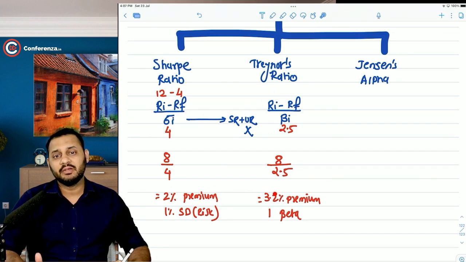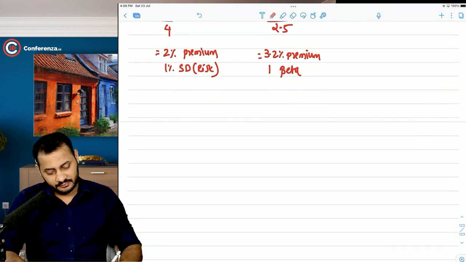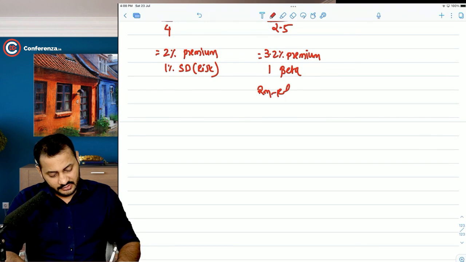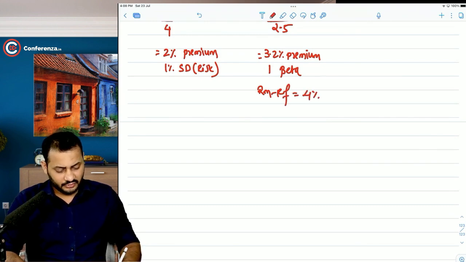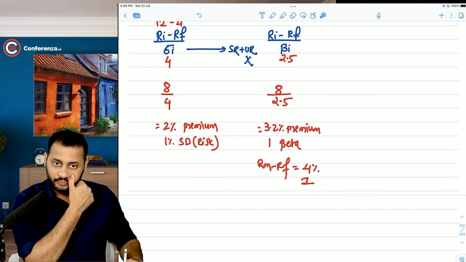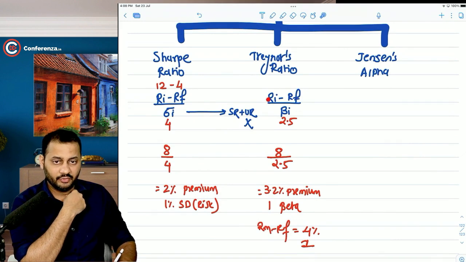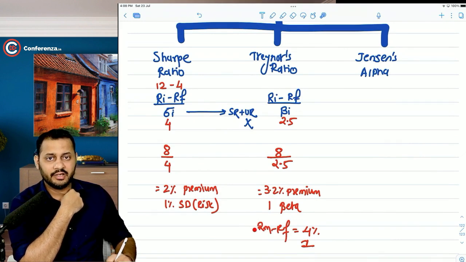If the market premium is higher, it's not worthwhile to invest in the stock, because market also, let's say for example, Rm minus Rf is 4%. Now this is also the premium for 1 unit of beta. Would you prefer to invest from Rf to Ri or Rf to Rm?